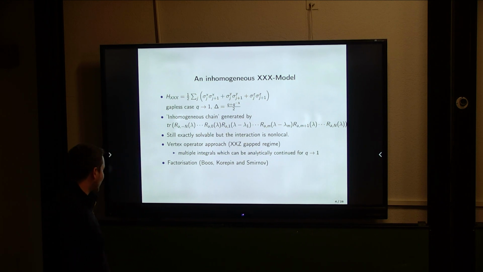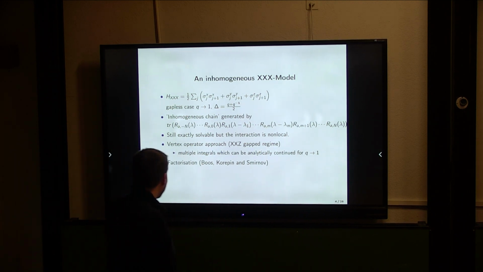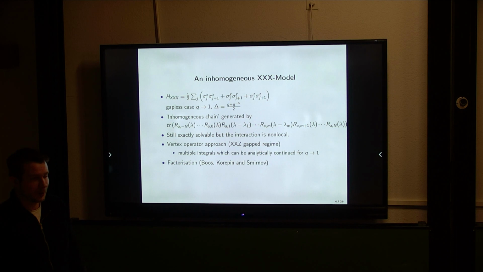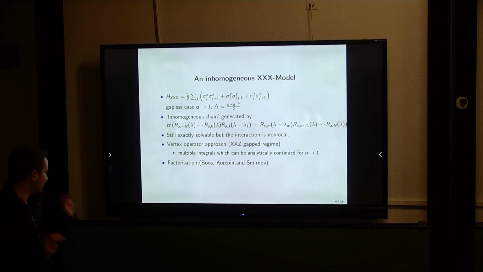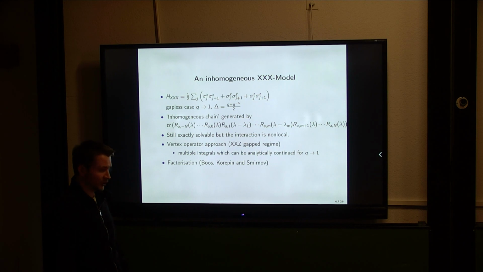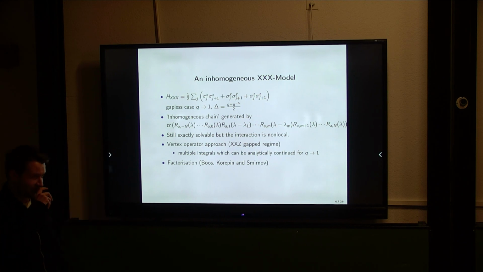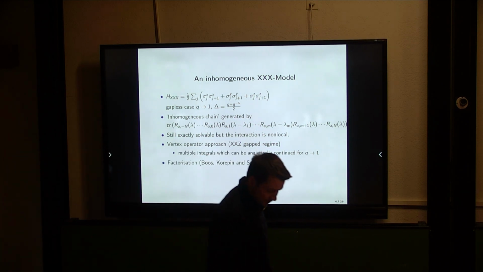It is still exactly solvable, but the interaction is non-local. And the correlation functions could be calculated in terms of multiple integrals via the vertex operator approach. There's a big book of Jimbo and Miwa. And these multiple integrals could be continued for q to 1, so in the rational limit. And later, Hermann and Fodor proved the factorization.